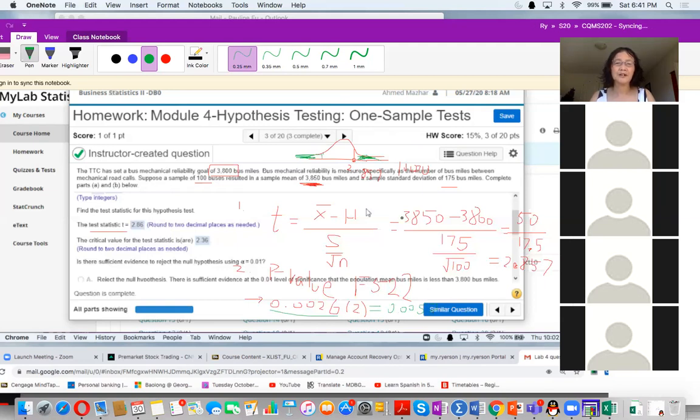Okay, so this is the question. Based on p-value method, obviously you reject the H0. By the way, what is H0? What is H1 for this question? Anyone has ideas? What is H0? What is H1?